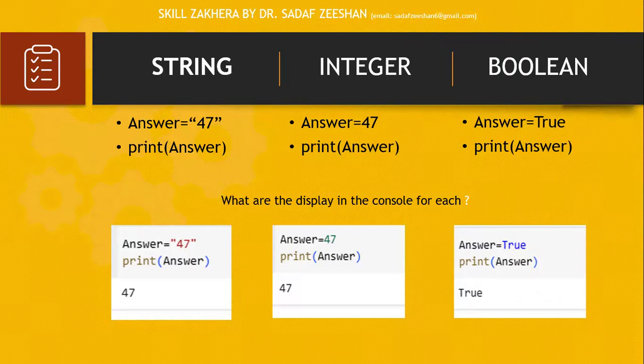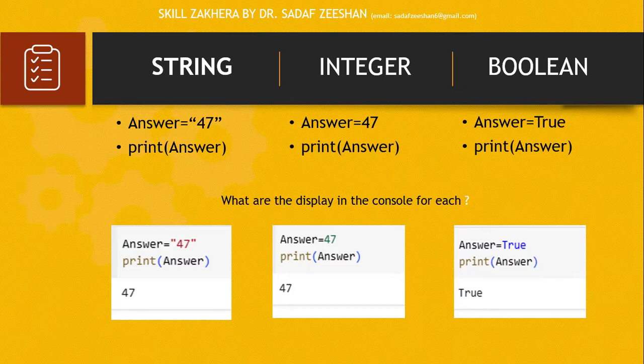So let's look at an example to understand better. I have a variable which is called answer. In the first case, I assign it a value with a double quote. In the second case, I assign my variable answer without a double quote. And in the third case, I assign my variable answer equal to true, as Boolean can only take true and false as its value.